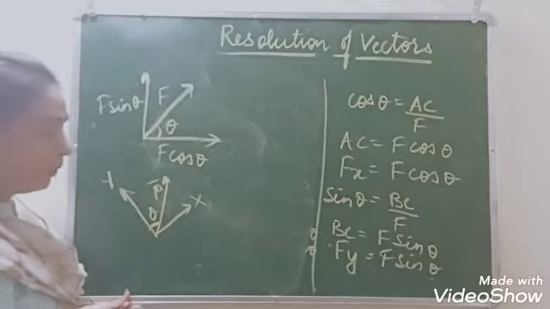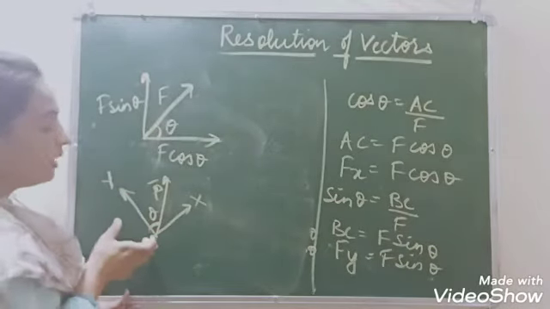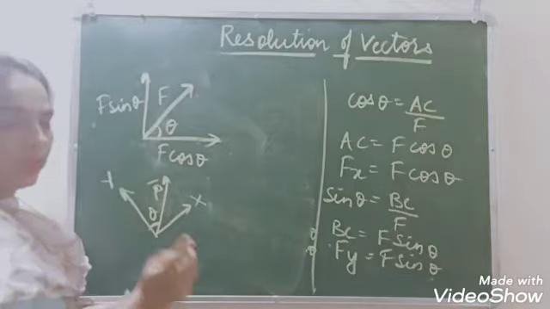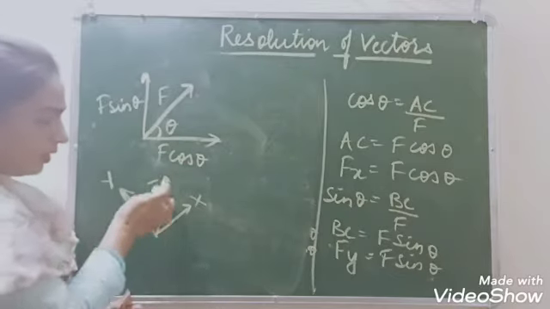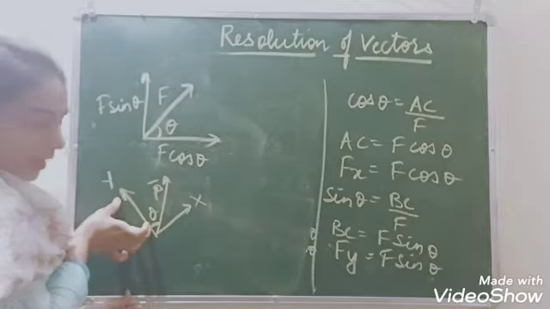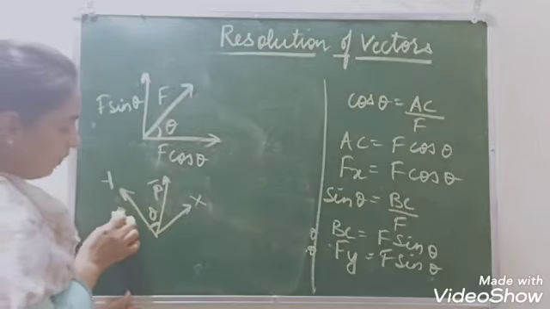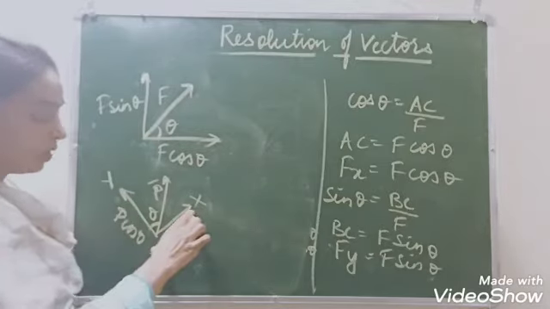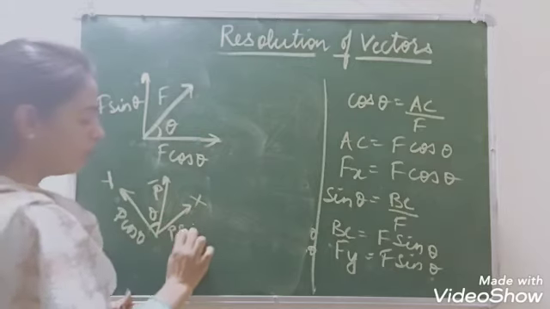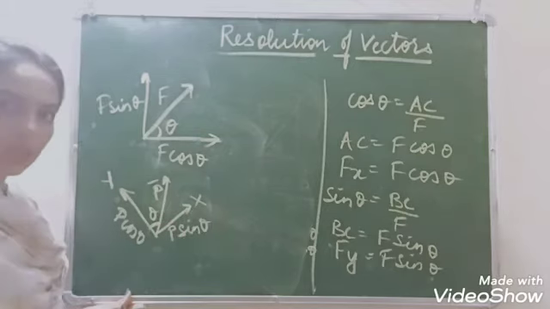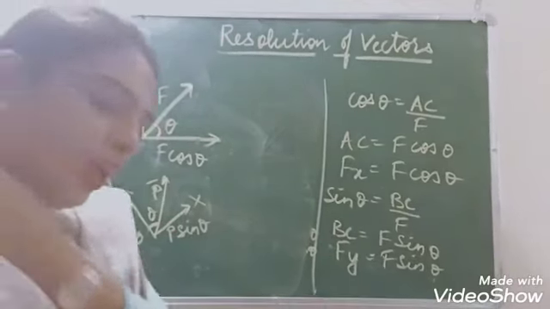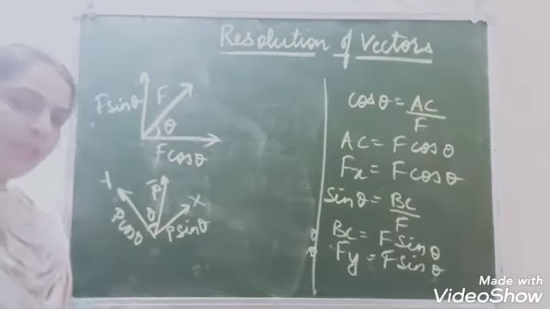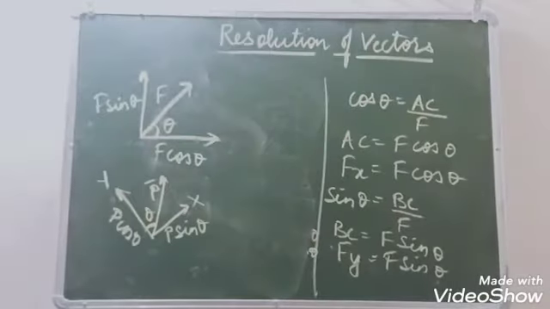So quickly tell me, where will be the x component and where will be the y component? Angle theta is made with the y axis, so this will be P cos theta, and the perpendicular to this will be P sin theta. We'll have much more practice so that you remember this properly, right?